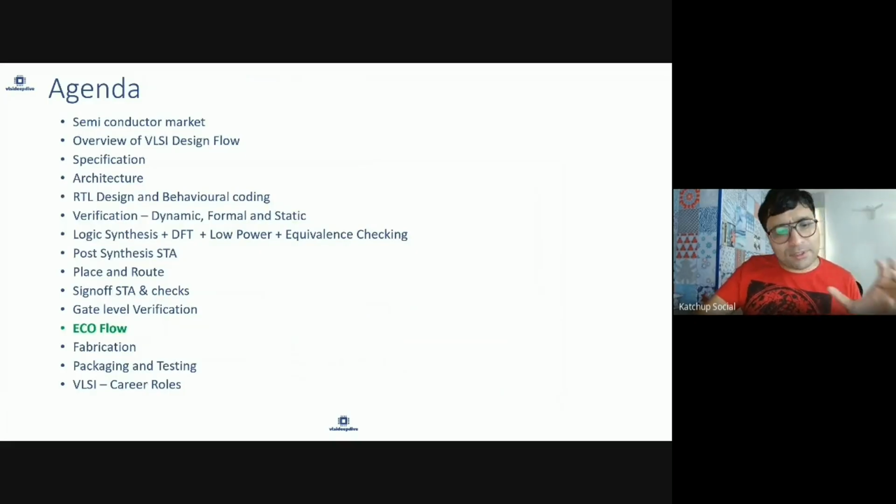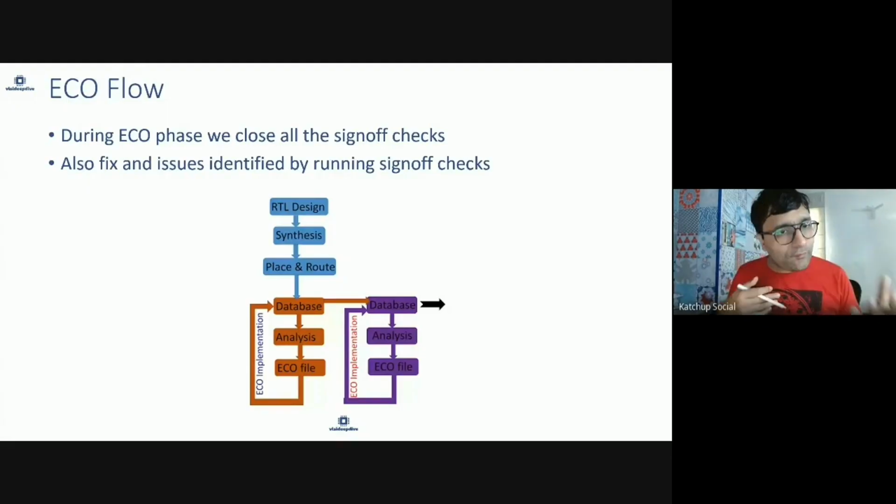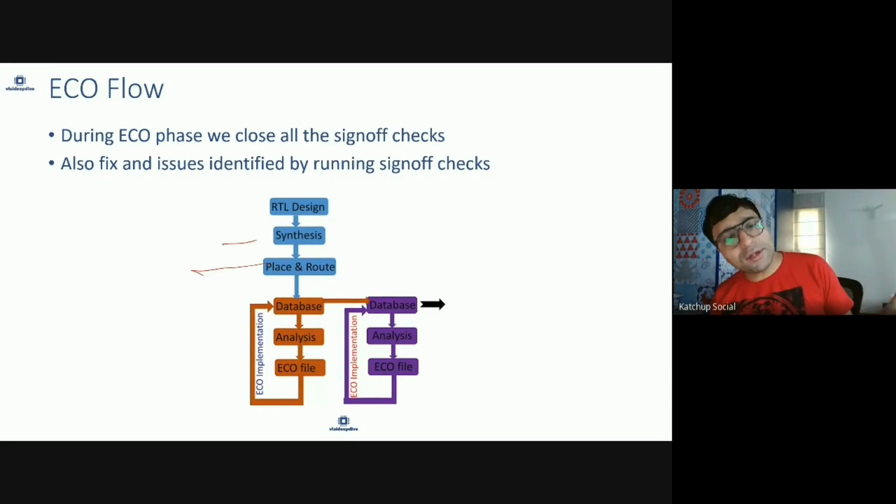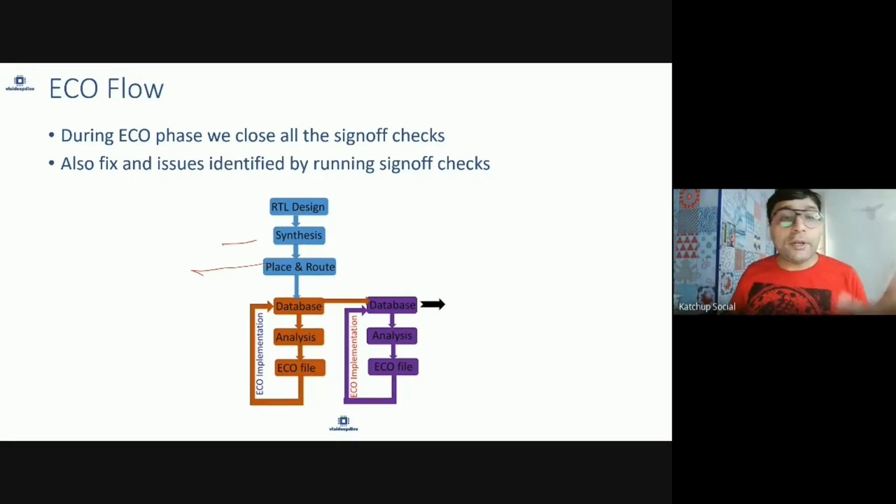Now, sometimes, as you know, we have been doing a lot of verification after place and route, during synthesis. What if you found a bug? What if something needs to be fixed? You don't need to redo all the flows. Tools allow you to do something called engineering change order, or ECO flow. During ECO flow, you will close all the sign-off checks, or basically make sure everything is working correctly, and also fix issues.